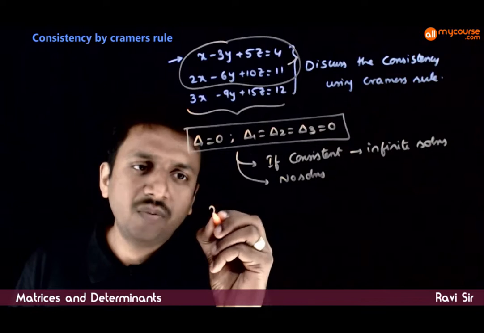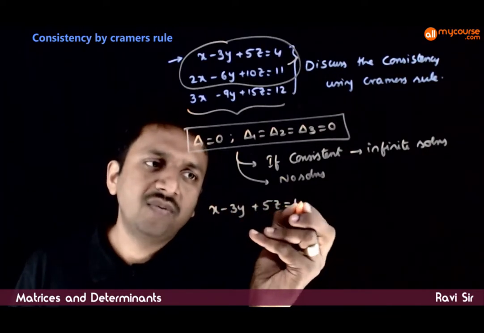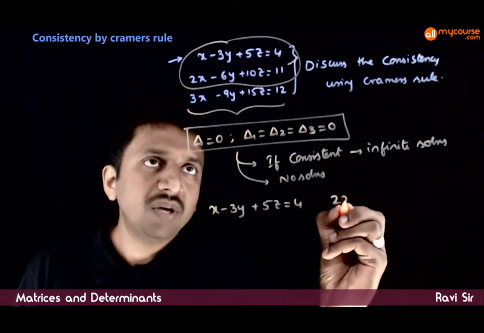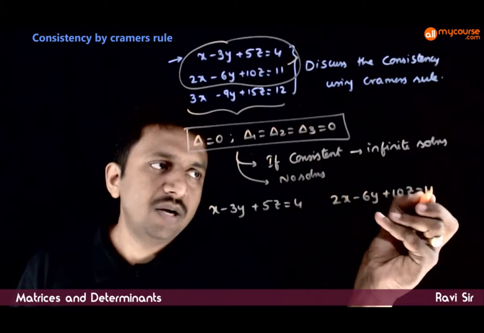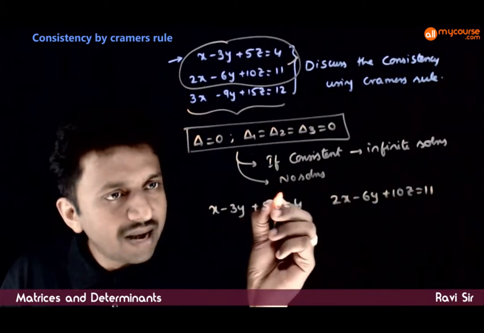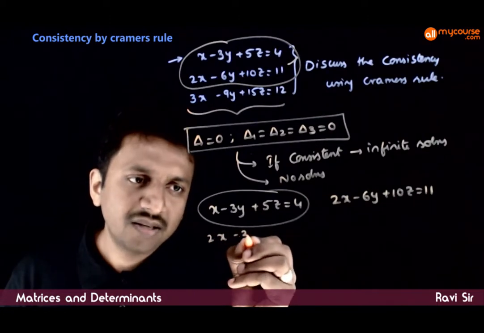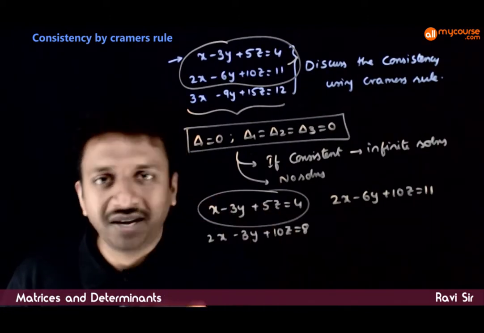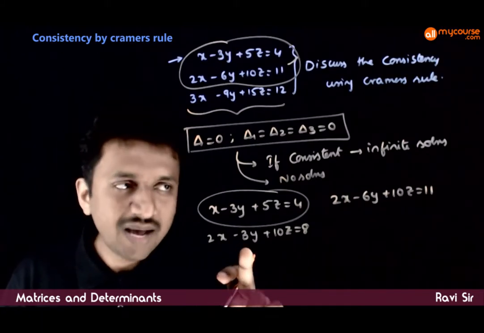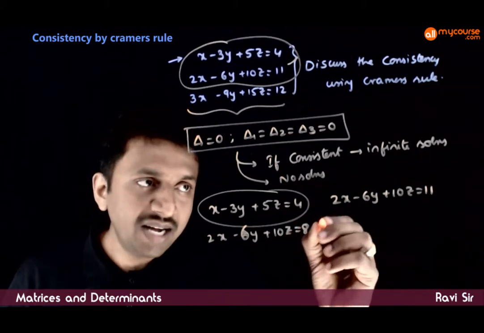If you take the first equation, x minus 3y plus 5z is equal to 4. The second equation is 2x minus 6y plus 10z is equal to 11. If you multiply the first equation by 2, you get 2x minus 6y plus 10z is equal to 8.